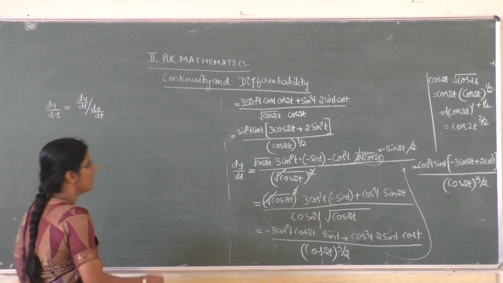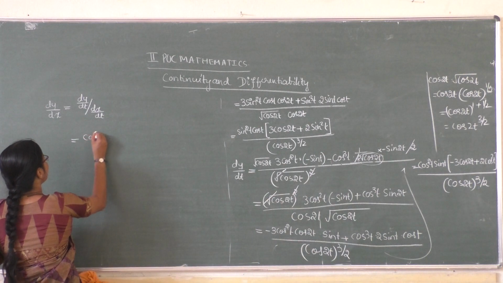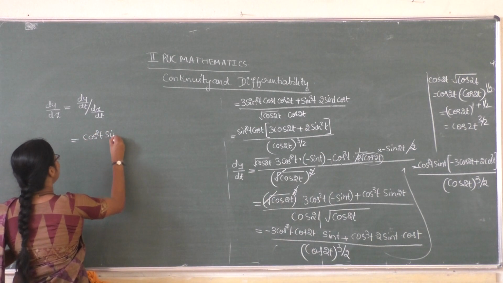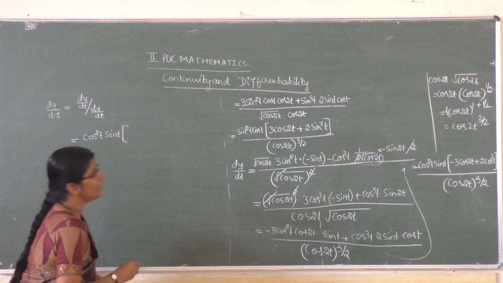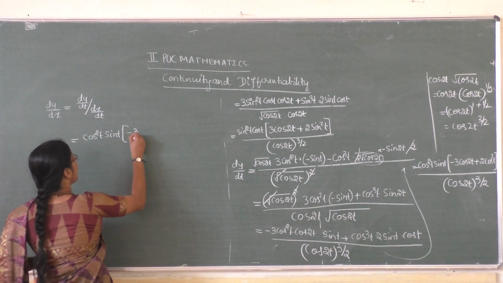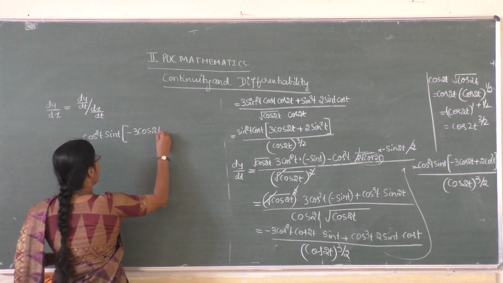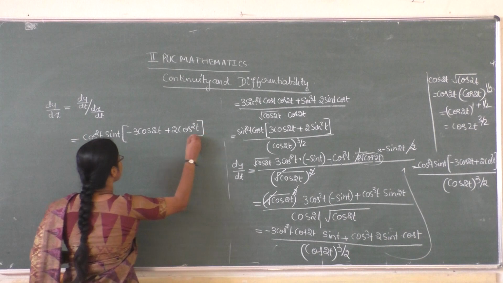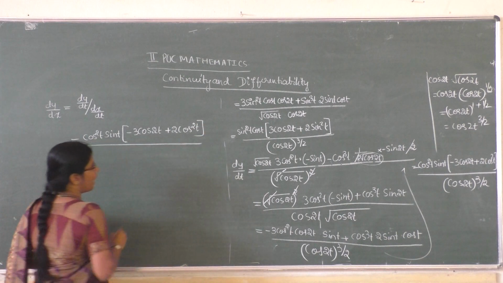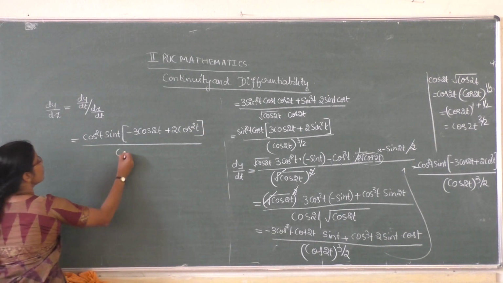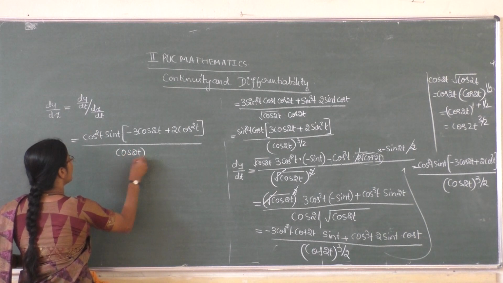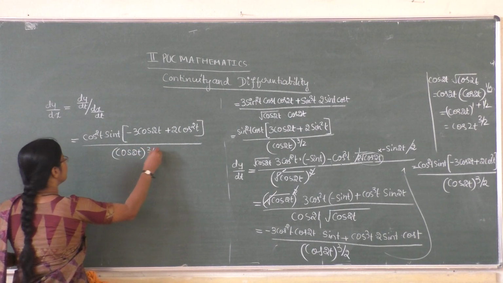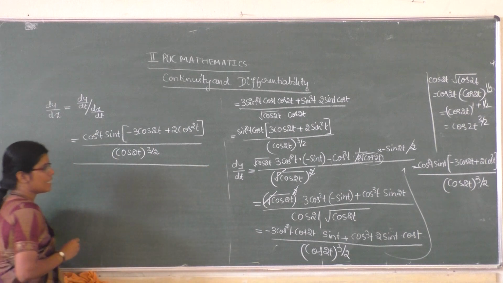That is cos square t into sin t into minus 3 cos 2t plus 2 cos square t, divided by cos 2t to the power 3 by 2, okay.